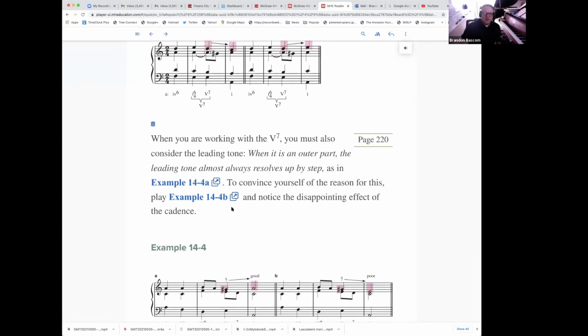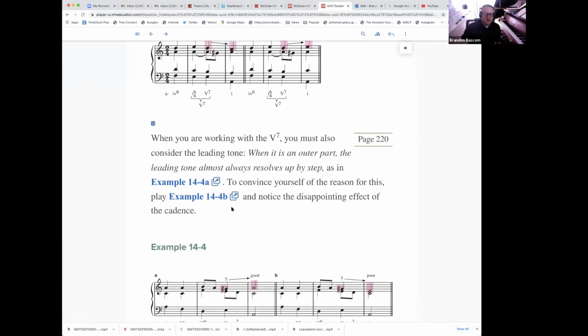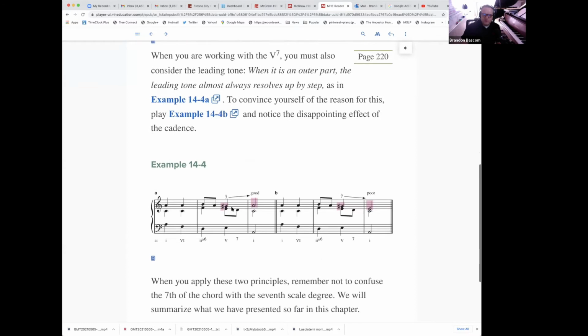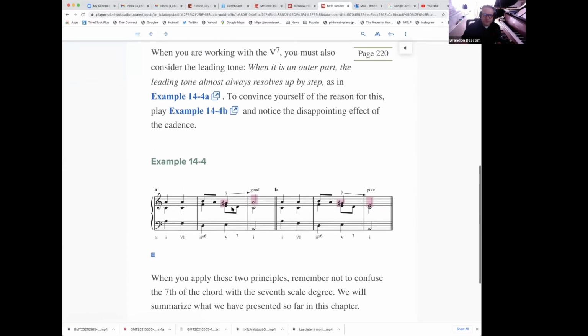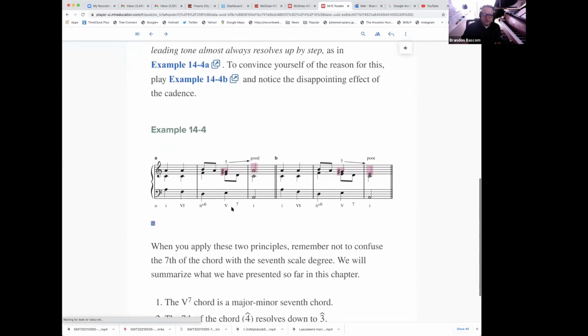When you're working with the 5/7, you also need to consider the leading tone. When it is in an outer part, the leading tone almost always resolves up by step, ti to do. To convince yourself of this, play example 14-4B and notice the disappointing effect of the cadence.